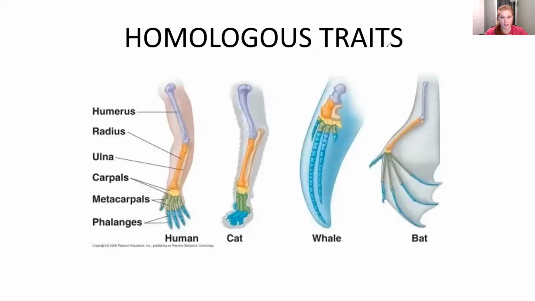The first line of evidence for evolution is something called homology. It refers to homologous traits. And I'm going to write notes on these PowerPoints so you can write these notes down as well. Hang on. So homologous traits are traits that are similar because of a shared ancestor.